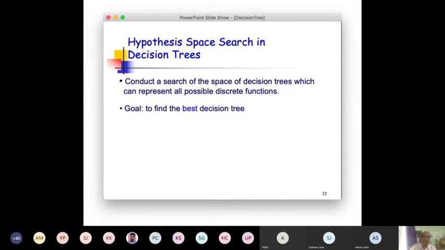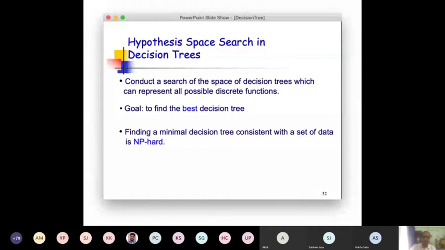We have discussed how a decision tree is equivalent to a target function in Boolean form. Our goal was to find the best decision tree, but naturally this search is not exhaustive. It's a kind of greedy search, because you follow a certain principle, information gain, while choosing an attribute and branching from there.